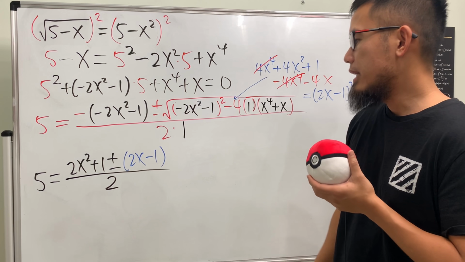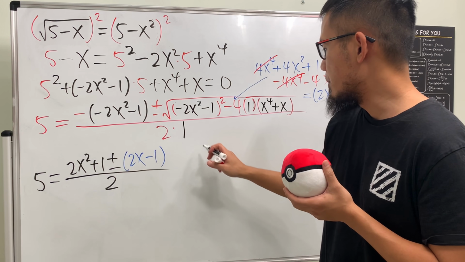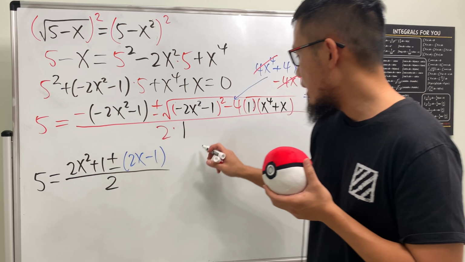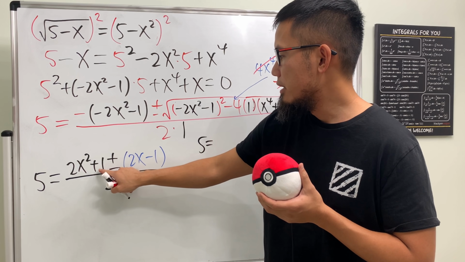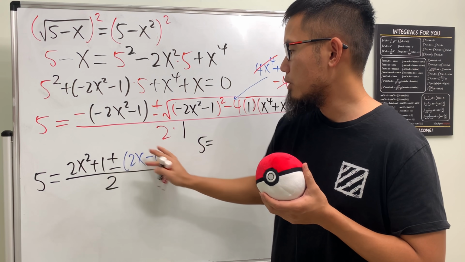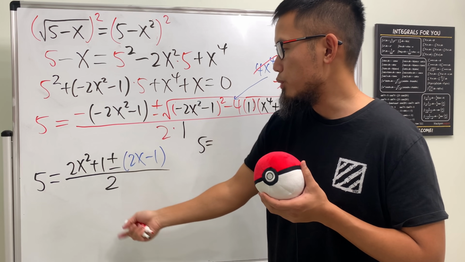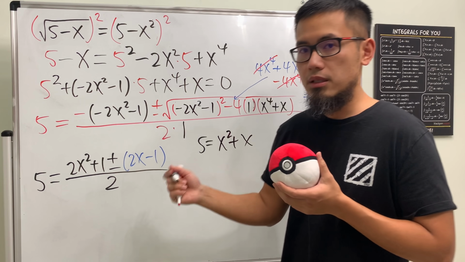All right, now have a look. This becomes what? We have 2 equations to consider. Either 5 is equal to, when we have the plus, then negative 1 plus negative 1 is just 0. And we have the 2 and 2, and then we can reduce out, so we just get x squared plus x. So that's cool.